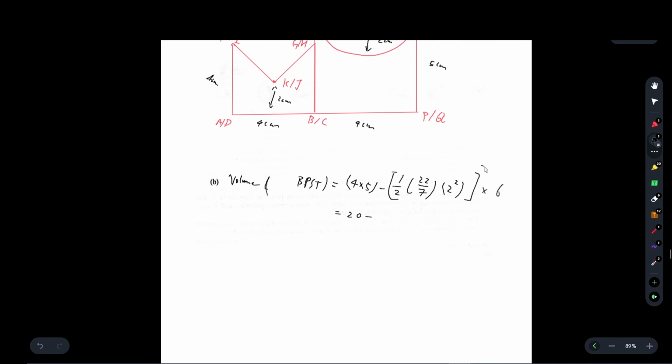Make sure that this is covered with brackets because we're gonna solve this part first. So 20 minus 2 squared is 4. 2 squared is 4, and then times 1/2, we will have 2, right? And then 2 times 22/7, we will have 44/7.